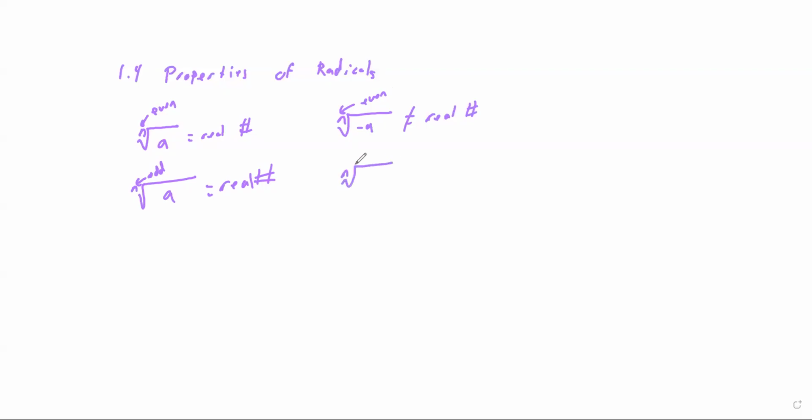If your index is odd and negative, you'll still get a real number. So I guess really the moral of this is the index can be anything and the number can be anything. You'll get a real number except if the index is even and it's a negative.